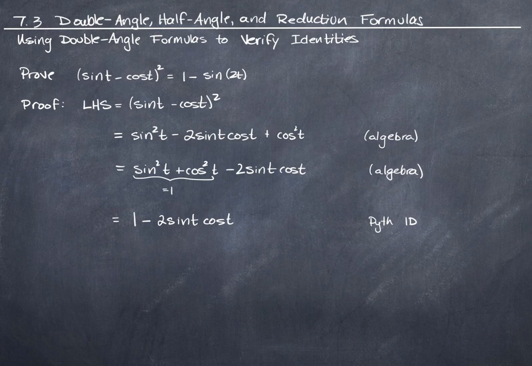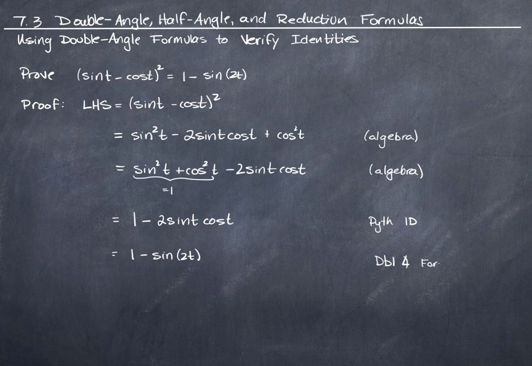And then notice that 2 sine t cosine t is sine of 2t. I can rewrite it one more time as 1 minus the sine of 2t. How did I do that? That was a double angle. Here's a shortcut symbol for angle. If you don't want to write the word angle, you can use that symbol. It's literally an angle with a little arc through it.